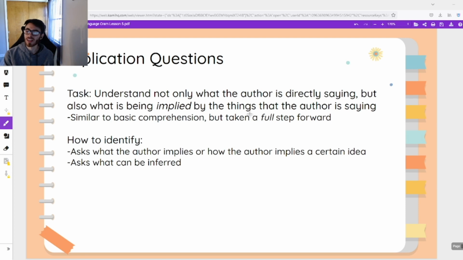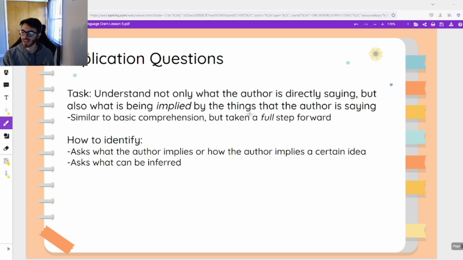Implication questions are like basic comprehension questions taken a full step forward. You need to understand not only what the author is directly and literally saying, but also what the author is implying, or also what could be inferred from what the author is saying, right? So it's like reading between the lines, right? It's not just what's literally being said, but also what conclusions you can draw from that.